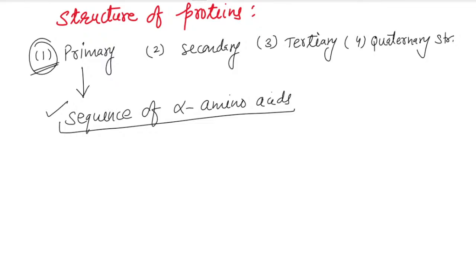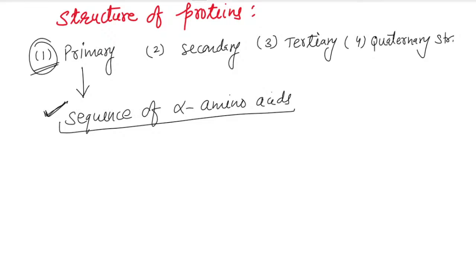Okay. And if there is any change in the sequence, that is called sickle. Like normal hemoglobin, if it changes into some other defective hemoglobin, that is called sickle cell hemoglobin. What it means is that if the sequence changes, the whole property of the protein changes.